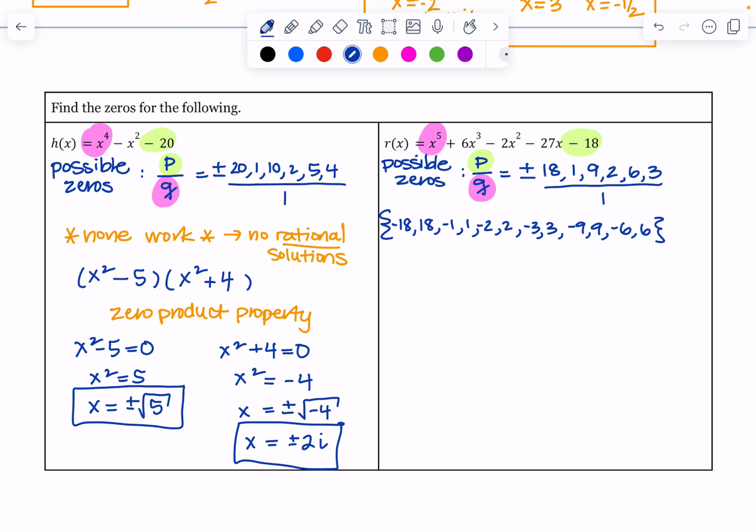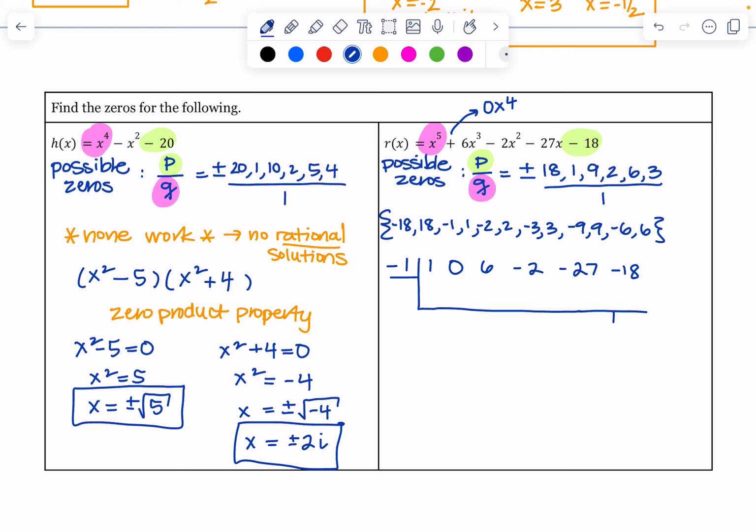Okay, again, I know the answers, and so for time's sake, I'm going to go ahead and tell you that negative 1 does work. So if I plug negative 1 into my synthetic division, I'm going to have 1. I need a placeholder for x to the 4th, because look here, there's 0x to the 4th. And then I'm going to have 6, negative 2, negative 27, and negative 18.